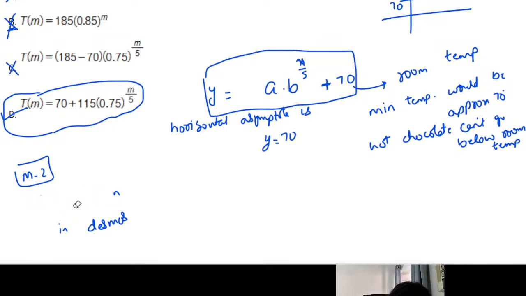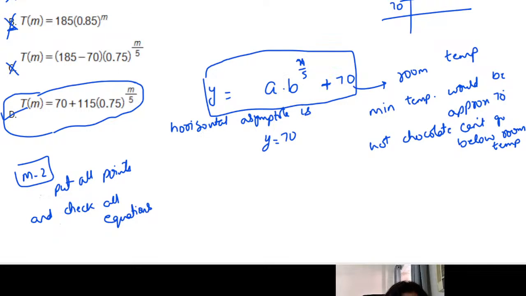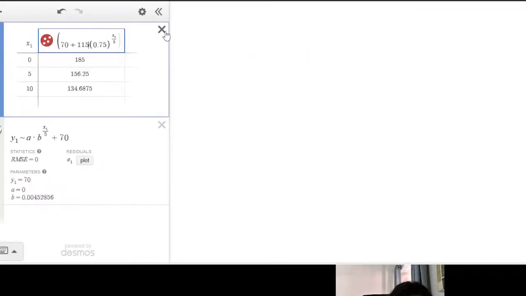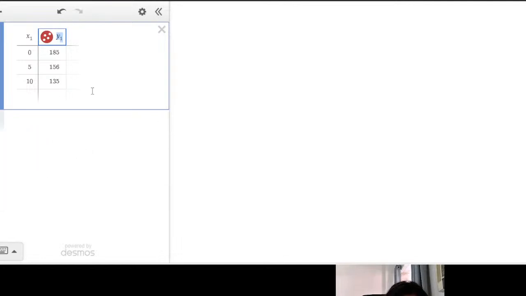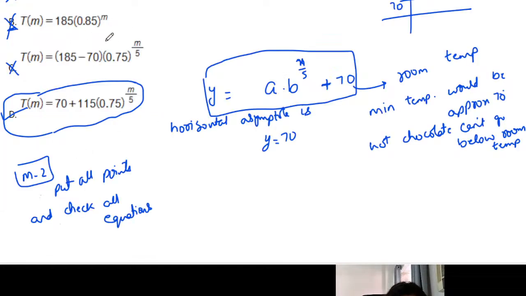Or instead of making tables, put all points and check all equations. For example, this is what I had given to you. Here modeling is a little difficult, so just type all the options.